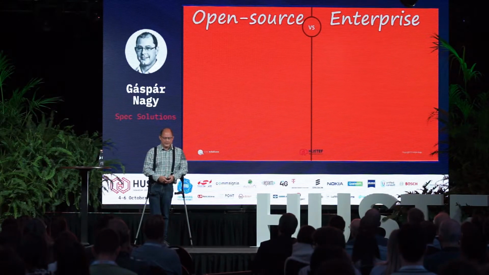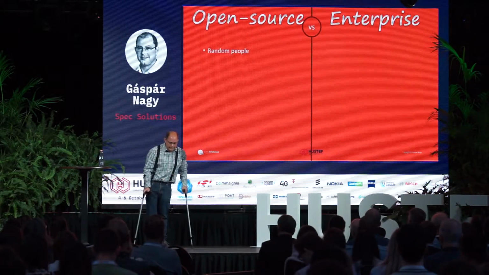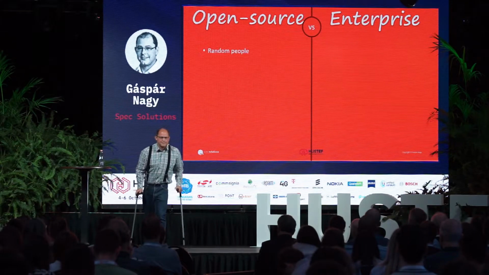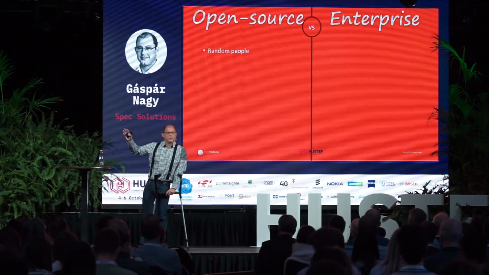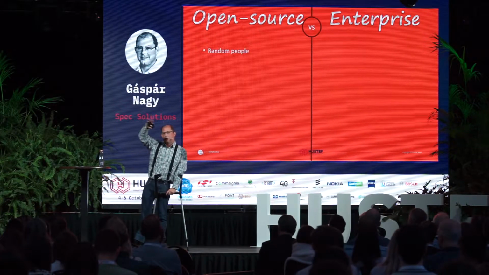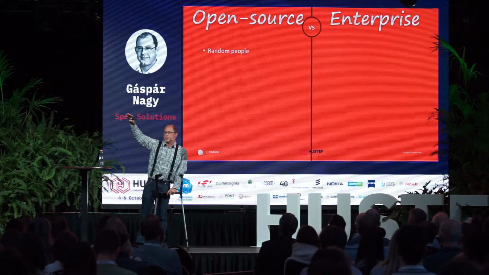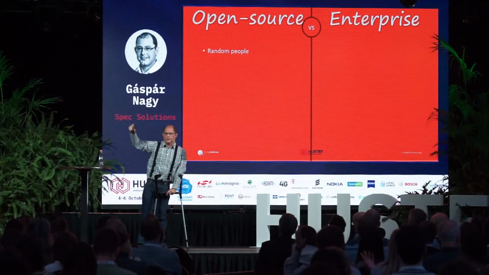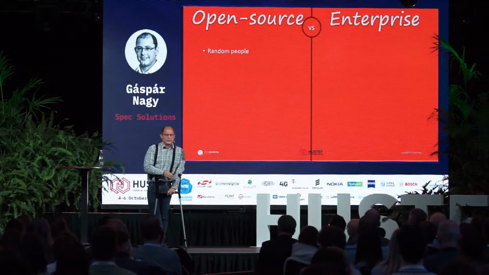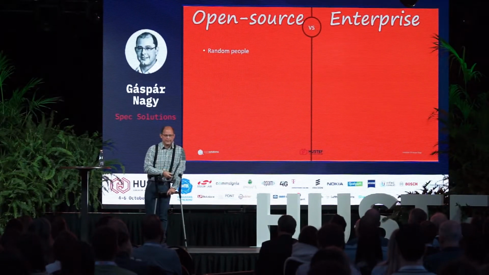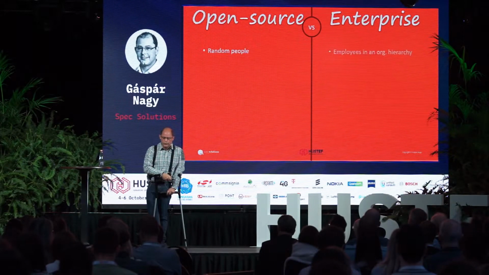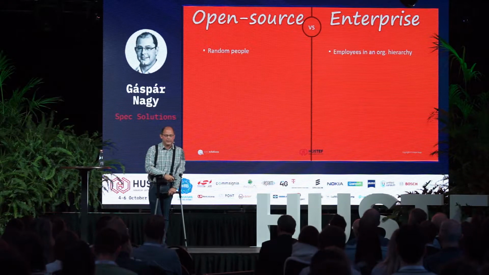Of course, very subjective, but if you think about an open source project, how many of you have ever contributed to an open source project which is not done by you or by a company, but by some fully external contributor? A few of you. Okay, very good. So typically in an open source project, there are random people, right? So you don't have any control of who is actually doing anything on that.